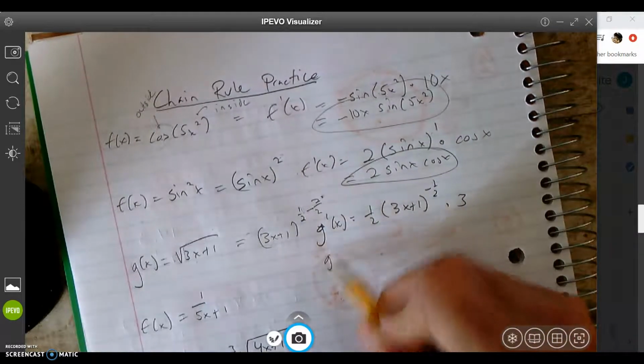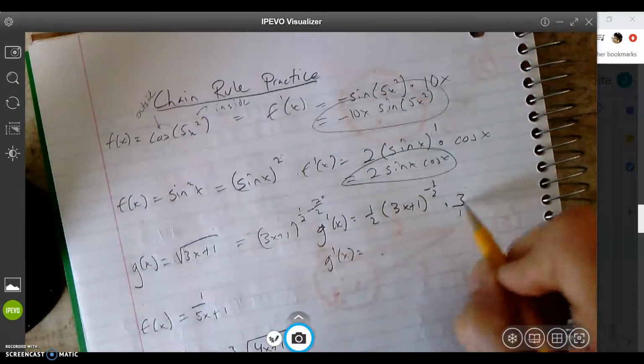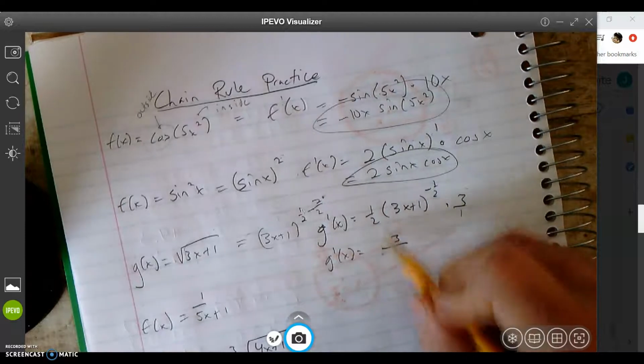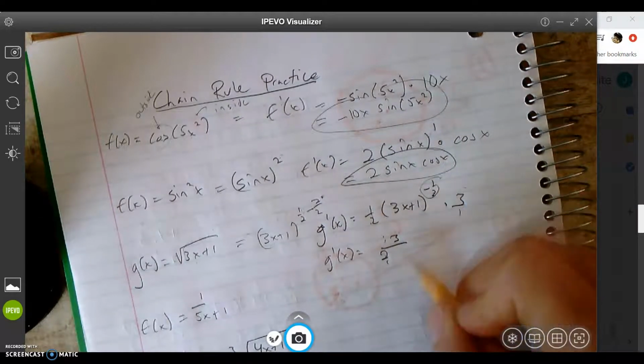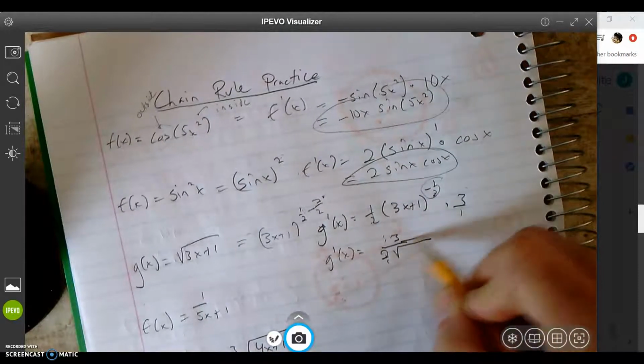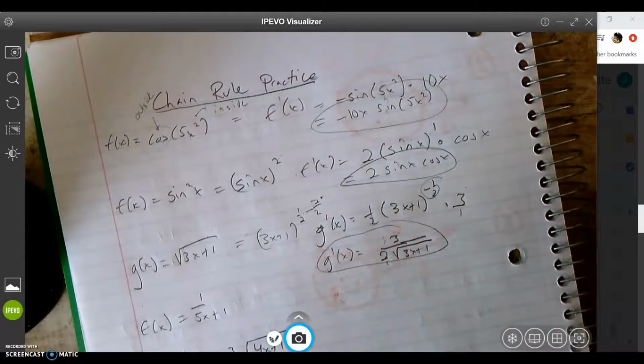Cool. So g prime of x equals, well, 3 is the numerator, so it's 3 over 2, and then negative exponent means the radical goes in the denominator. Bam. You go 3 for 3 so far?